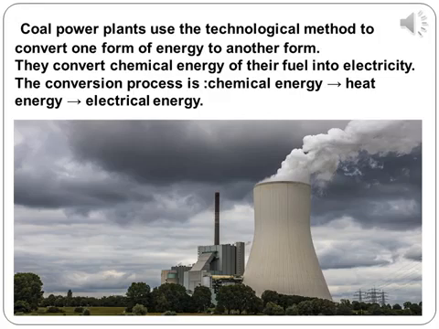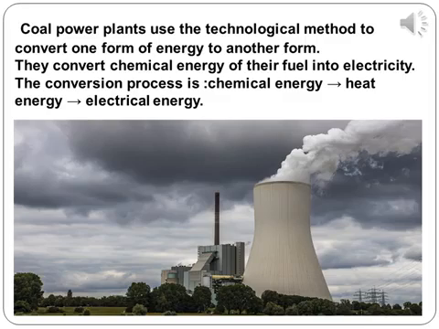The figure shows a coal power plant which uses a technological method to convert one form of energy to another form. Here, it converts chemical energy into electrical energy. You know that fuel is a source of chemical energy. When the fuel is burned, it produces heat energy.